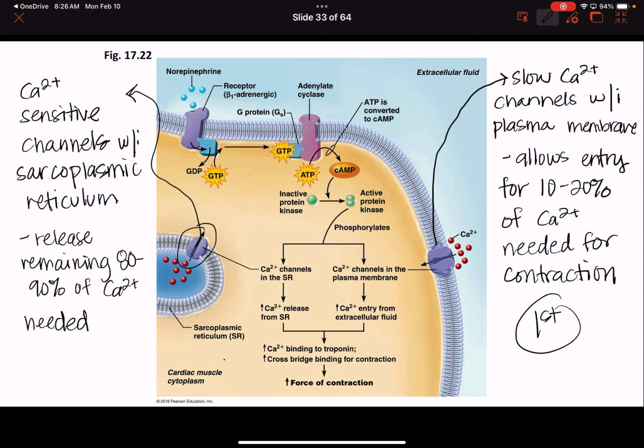So these calcium sensitive channels are going to open in response to the slow calcium channels in the membrane. Questions about those two channels and how they work? And they are both voltage gated. All of the cardiac muscle channels that we're going to talk about are voltage gated.